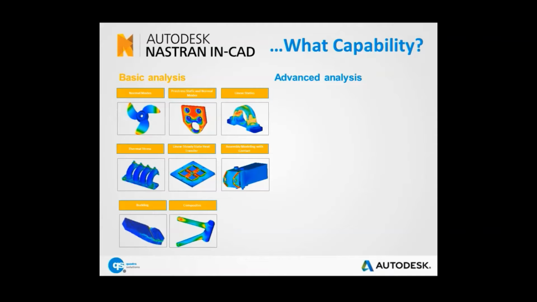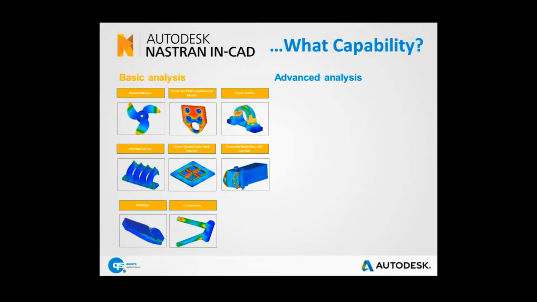You have linear static analysis there on the top right, one of the most common types. It determines stress, strain and deformation resulting from applied static loads and static constraints. Thermal stress, moving on, supports the analysis of structures under thermal loads, straightforward enough.